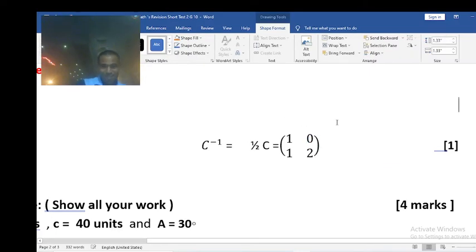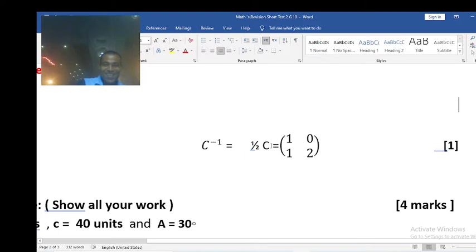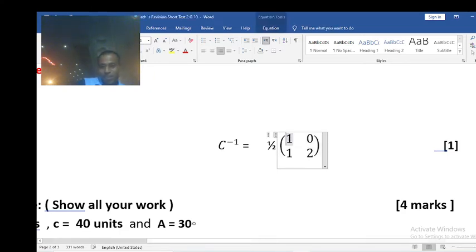So this one, I will erase this one. So here the 1 comes here and the 2 comes up. So I'll just write here 2 and down is 1. Then this one should be equal negative 1.